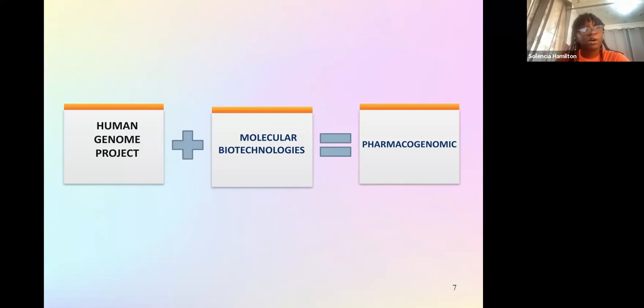So what exactly each aspect of DNA does and how it affects different individuals, how it makes us different from each other. That's what they wanted to understand. Because if you have an idea of how the human body works, how it's programmed, then you know how to treat it.